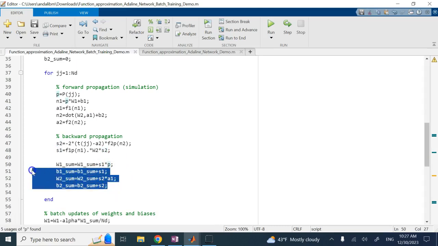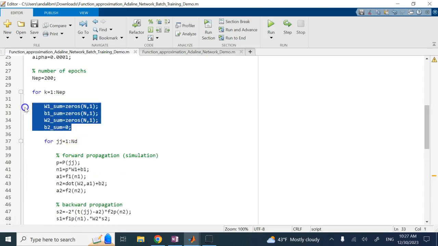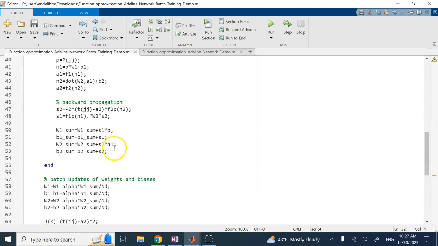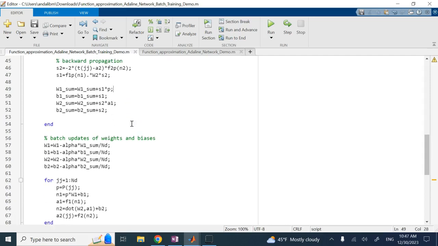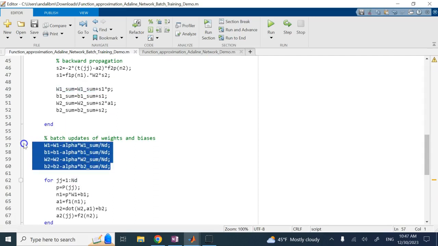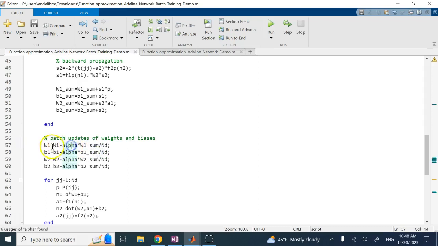Okay, so you see, I add all these summations, starting from 0 in each epoch, for each data point, and then at the end, you see, I divide those summations by the number of data points to get an average, and then I add the average multiplied by negative alpha to the weights and biases.